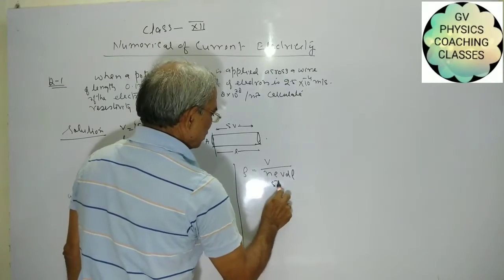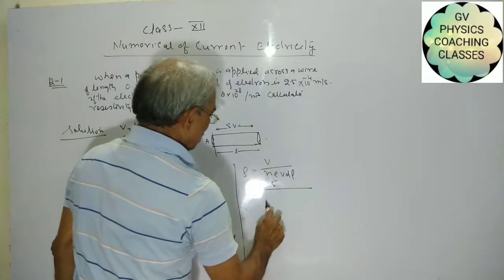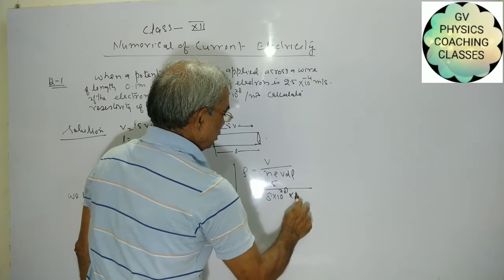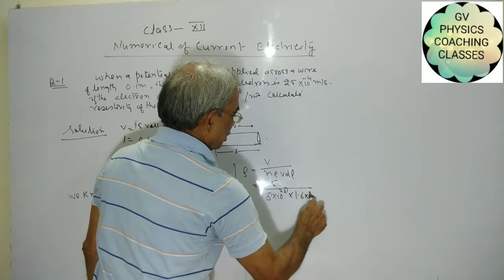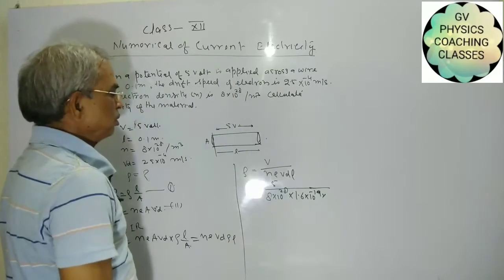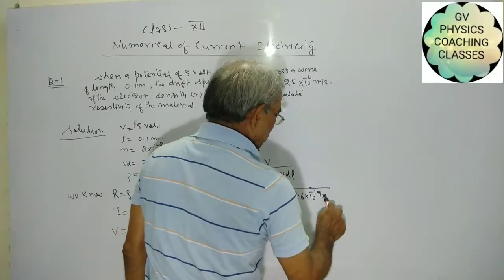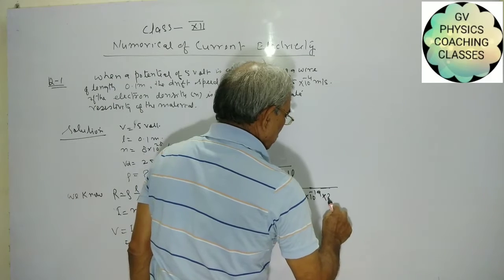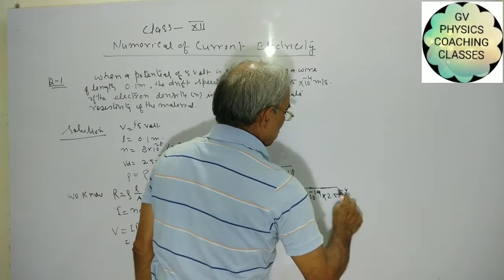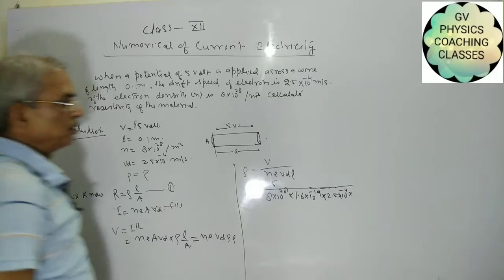5 upon 8 into 10 to the power 28, e equal to 1.6 into 10 to the power minus 19, into Vd equal to 2.5 into 10 to the power minus 4, and L equal to 0.1 meter.